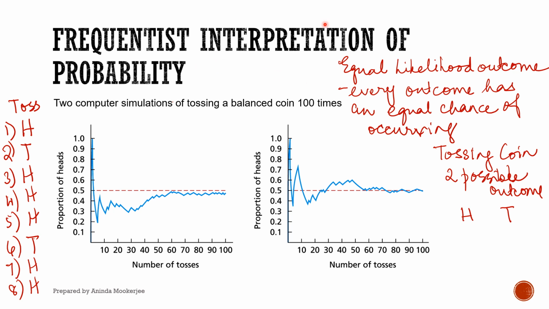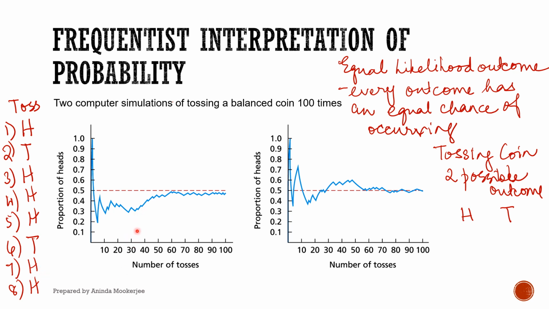What the frequentist interpretation of probability states is that in order for the equal likelihood outcome to be true, you have to repeat your experiment frequently. That means toss the coin over and over and over again, not 8 times, not 10 times, not 20 times.